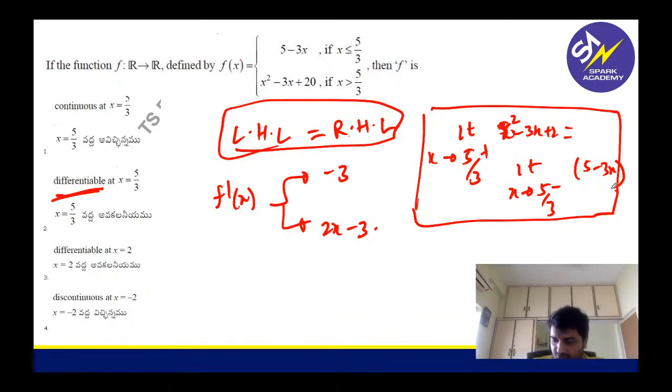Agreed? So once we have this, we can check if it is continuous, and then you need to differentiate and check if it is differentiable. Just verify the options and see.